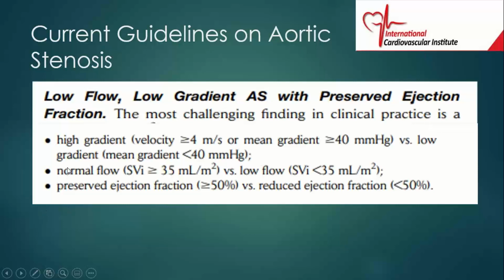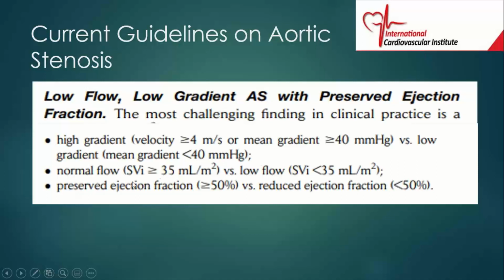Then the next thing you can look at is the flow across the valve, the stroke volume index. If the stroke volume index is greater than or equal to 35, this is a normal flow. A low flow is a stroke volume index less than 35. And then you need to look at the ejection fraction.